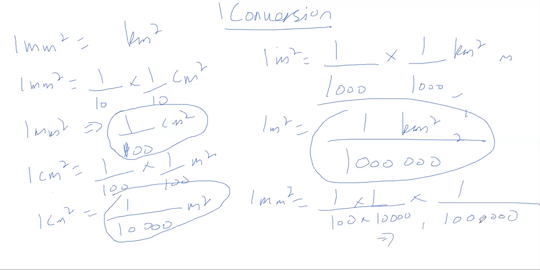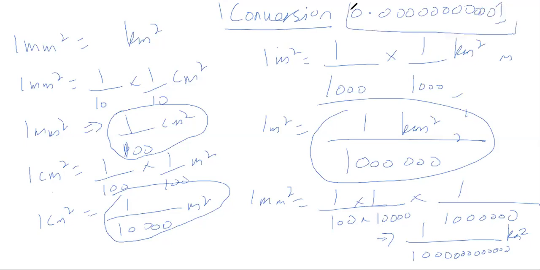So 1 over how many zeros are there? 6 plus 4, 10, plus 2, 12. So 1 over 12 zeros. And if you write it in decimal form, it is 0. followed by 11 zeros and 1. 1, 2, 3, 4, 5, 6, 7, 8, 9, 10. Either you write this form or this form. Clear, Mustafa and Falia?